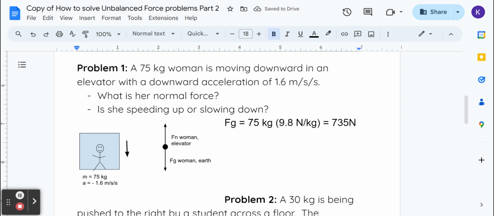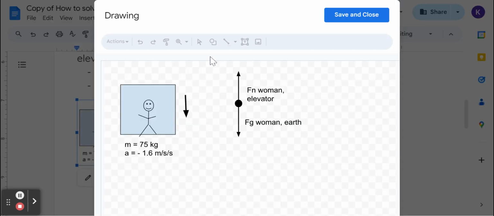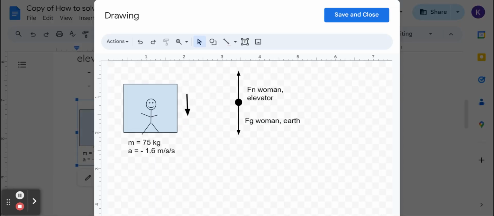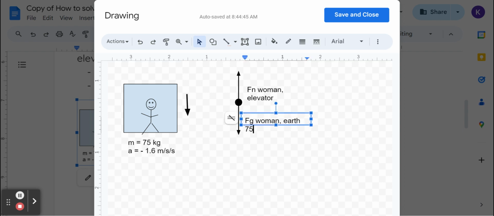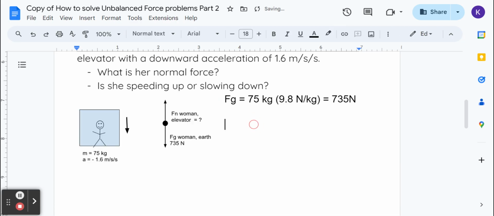So I'm going to go back to my free body diagram, and add that number right by Fg, 735 newtons. And I'm going to put a question mark by her normal force. The normal force was not given to us.